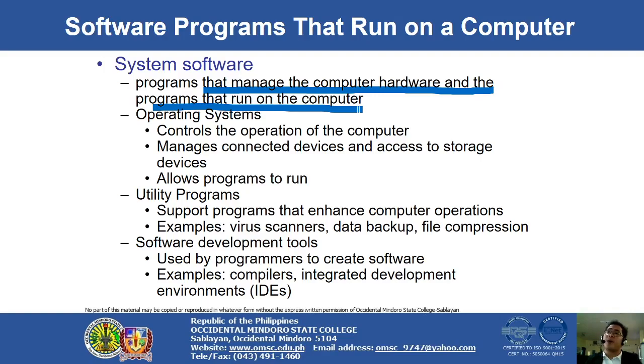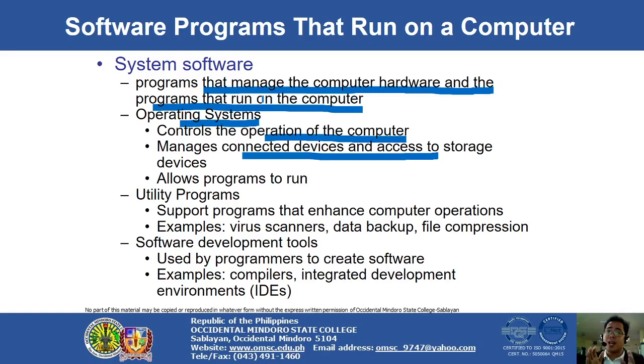So, ano ba example ng ating system software? Sabi daw doon, these are the operating system, controls operation of the computer. So, ima-manage niya yung mga devices na connected para ma-access yung ating storage device. The best example for system software is our operating system.